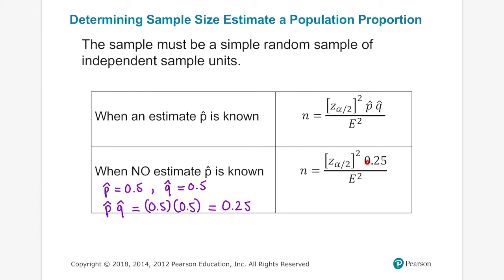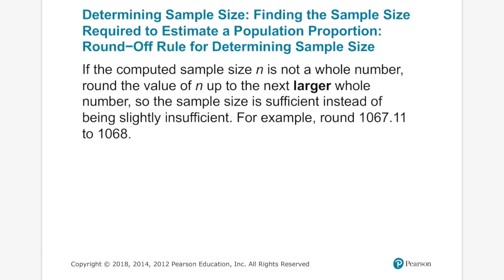This is why you replace p hat times q hat with 0.25 here. Only use this if we don't know what p hat is. When determining the sample size, we always round it up to the next whole number. For example, if your answer is 1067.11, you round up to 1068.